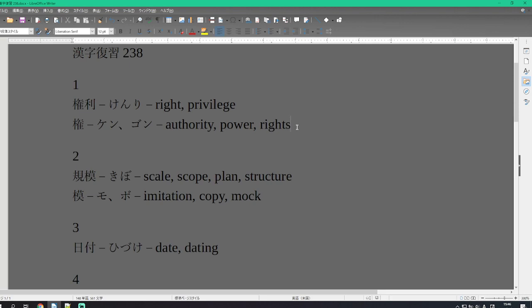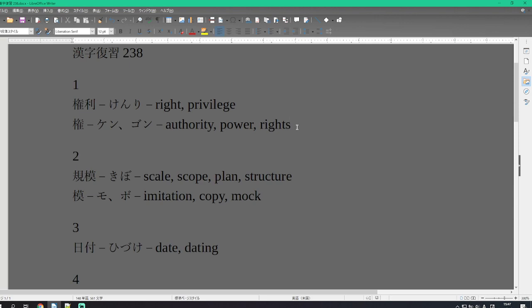Ken or gon is authority, powers, or rights.